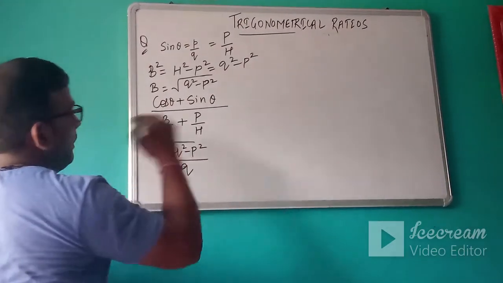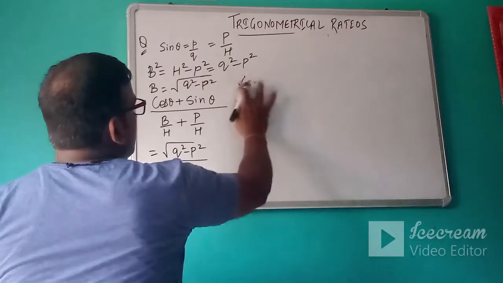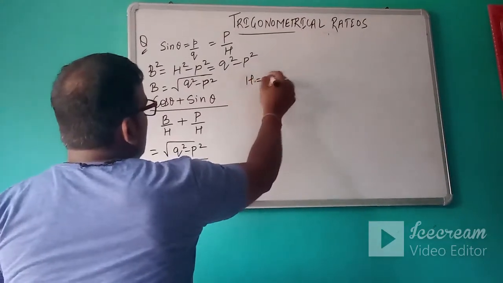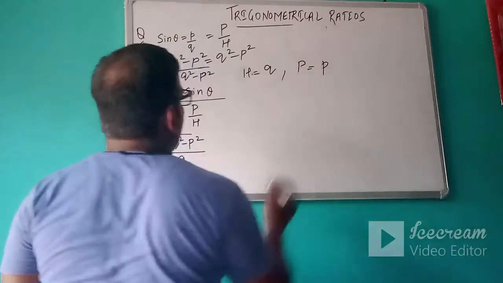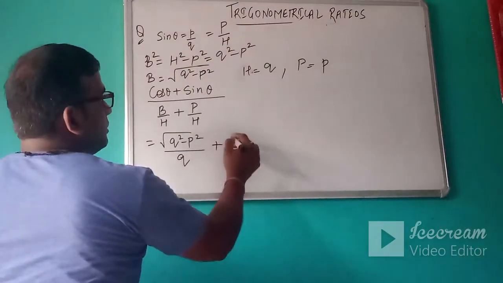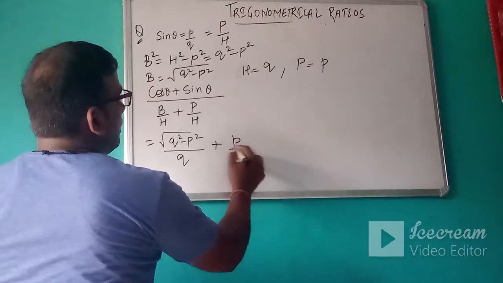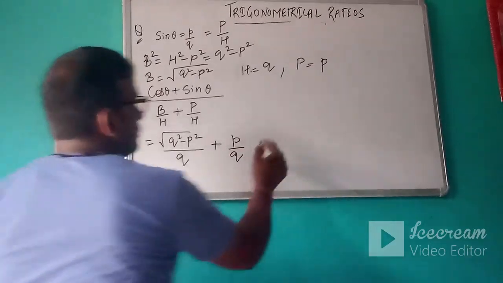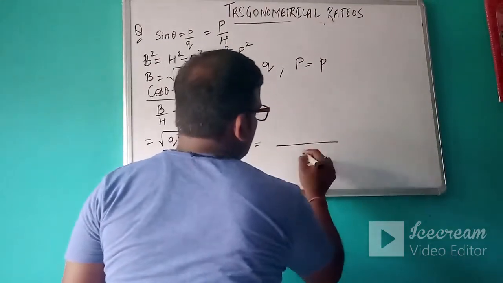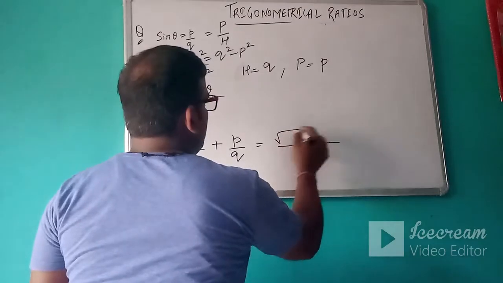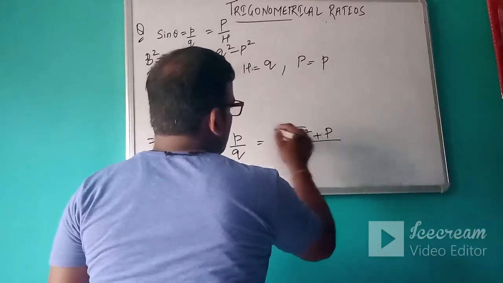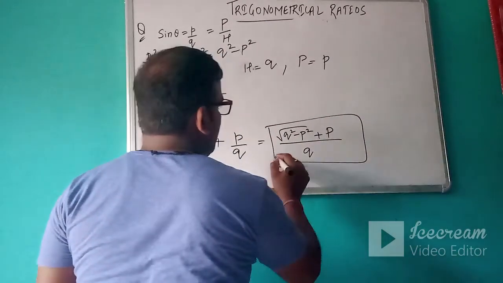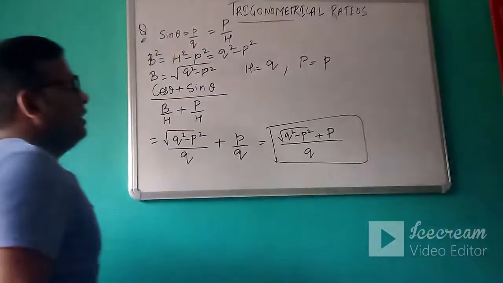Q. H is Q, and your P is small p, plus P upon Q. So a simple LCM is there, Q, and it will be under root Q square minus P square plus P upon Q. Okay, we cannot simplify it further, so this will be your answer.